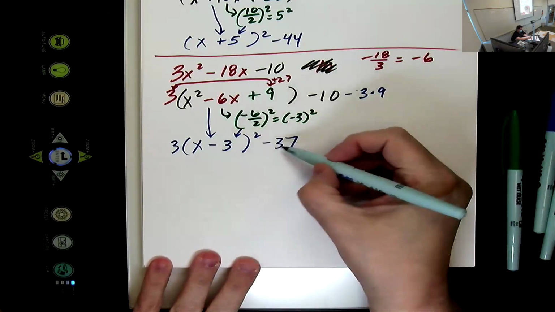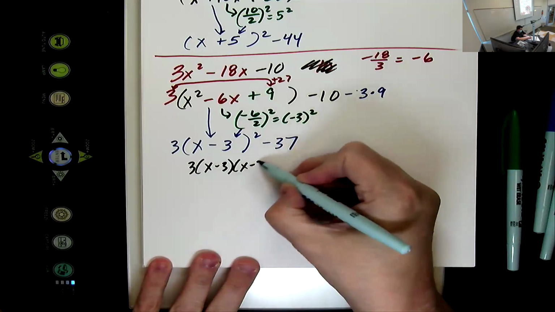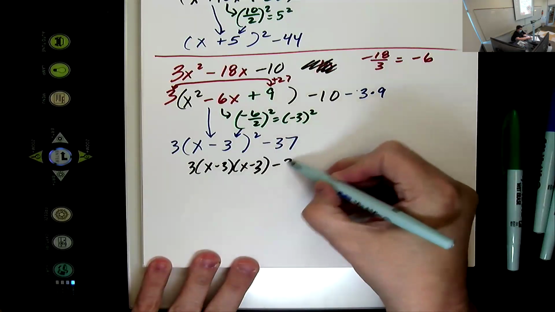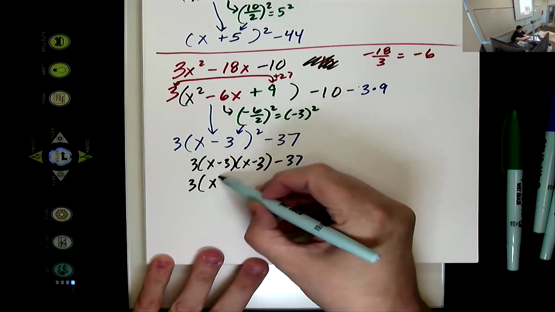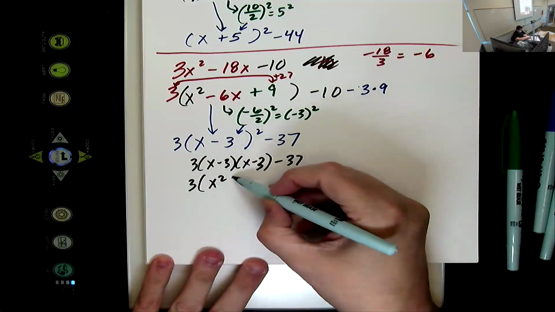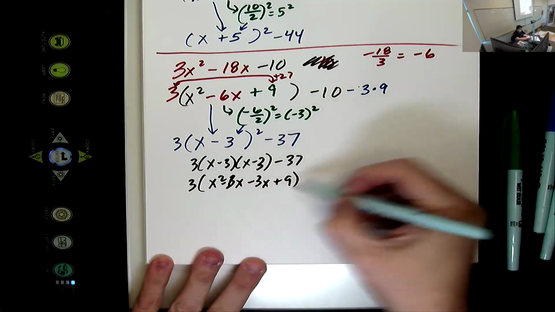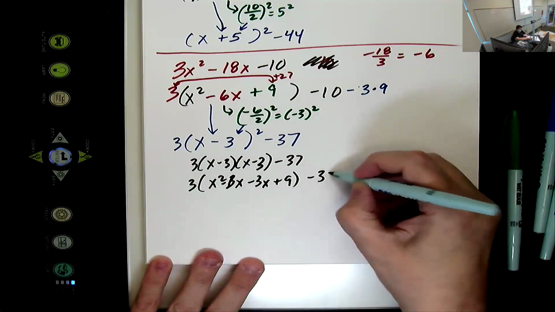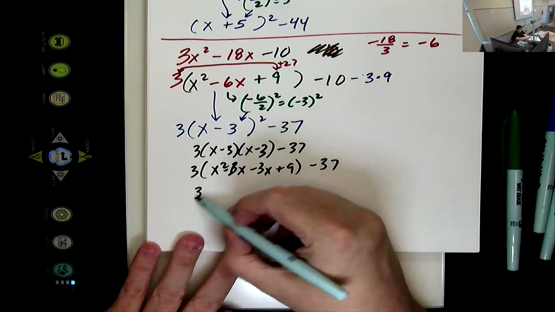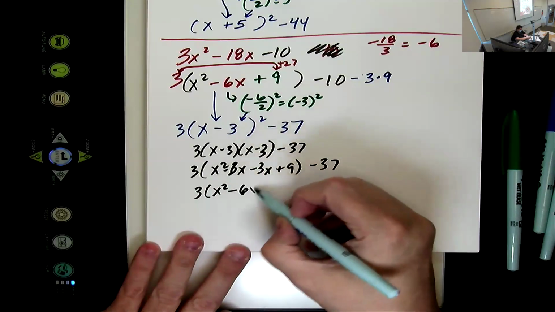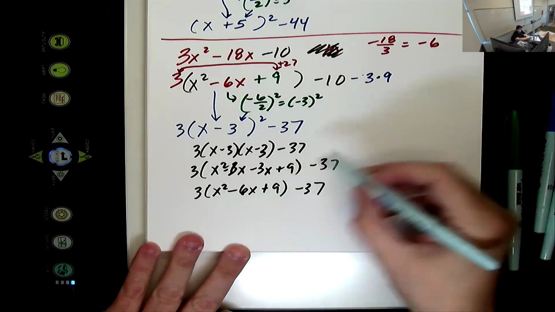You can always check it. This is 3 times (x minus 3)(x minus 3), and then -37. So this is x squared minus 3x minus 3x plus 9, minus 37. If I group like terms there, that should be a plus.